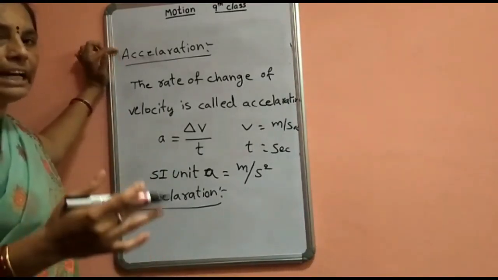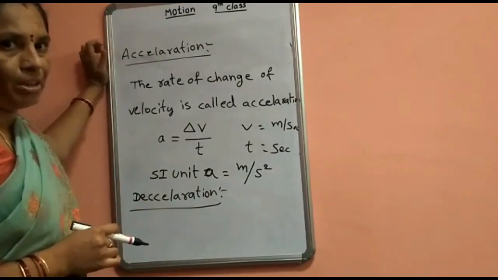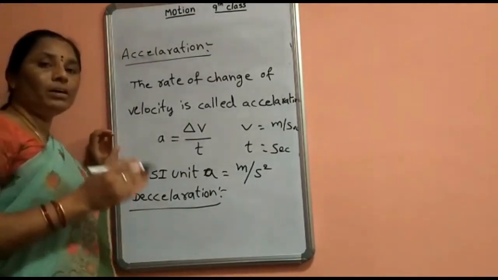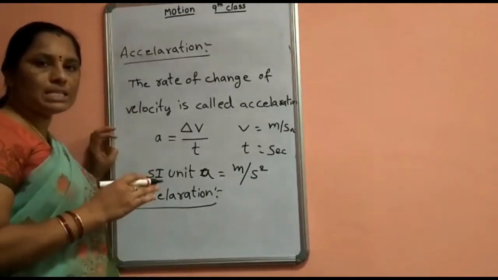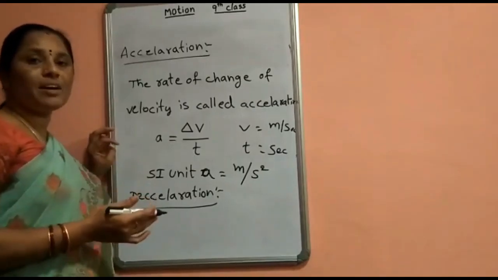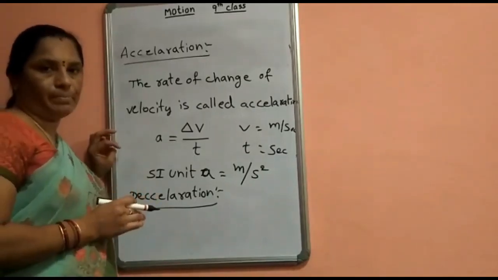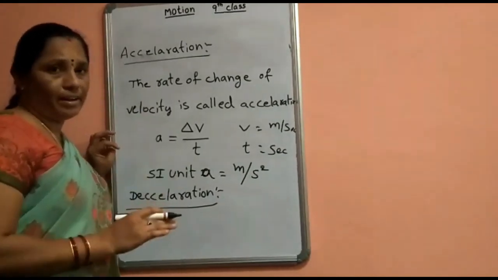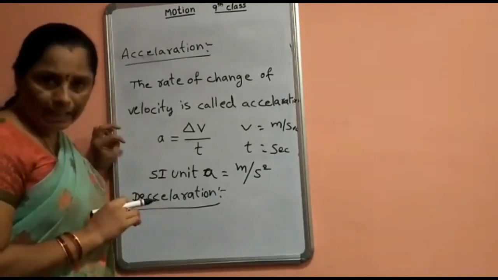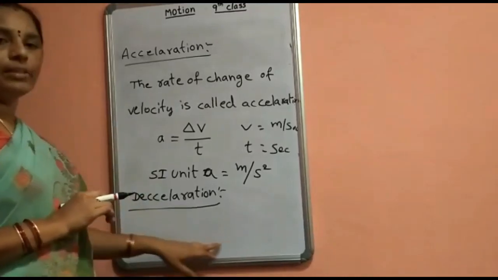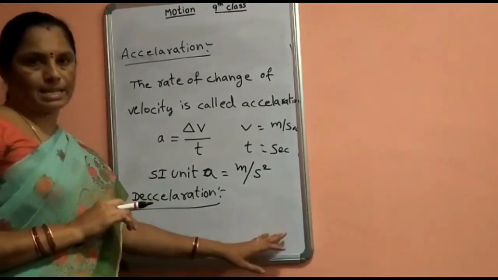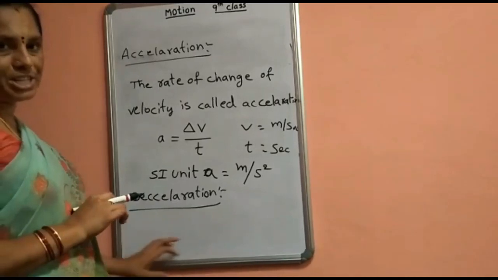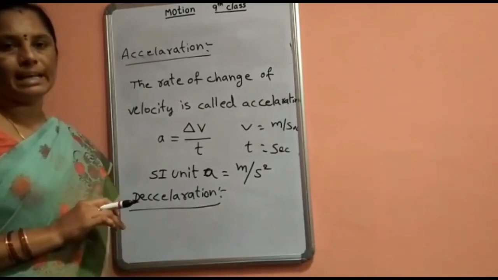When that train reaches the second station, the velocity decreases in order to stop the train. That type of acceleration is called deceleration.